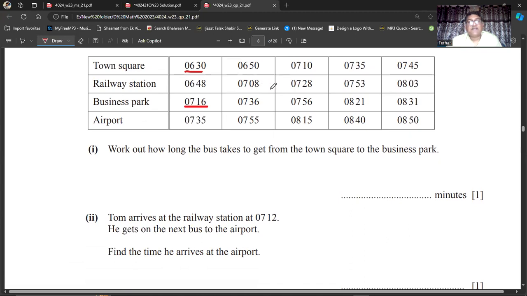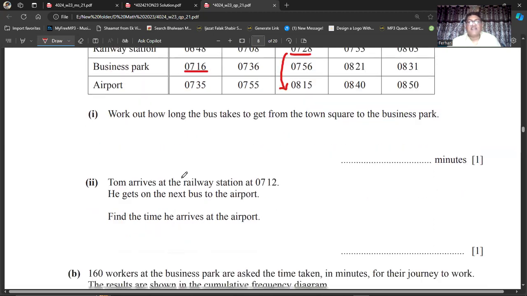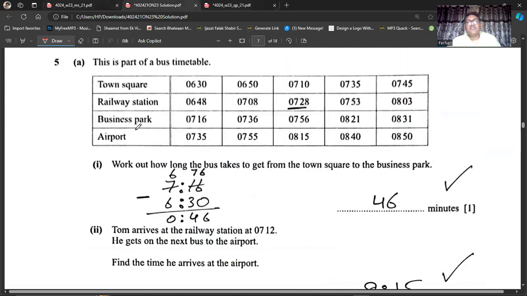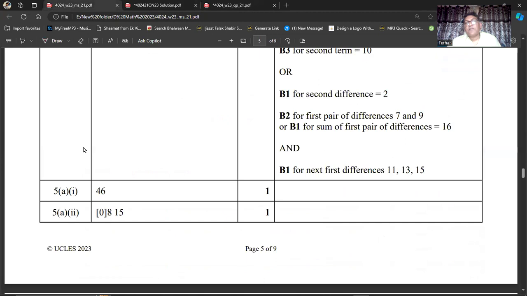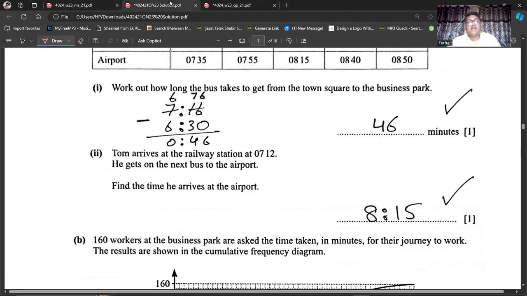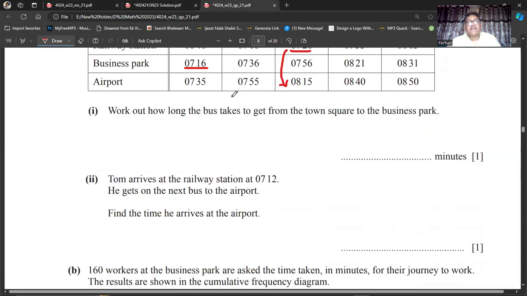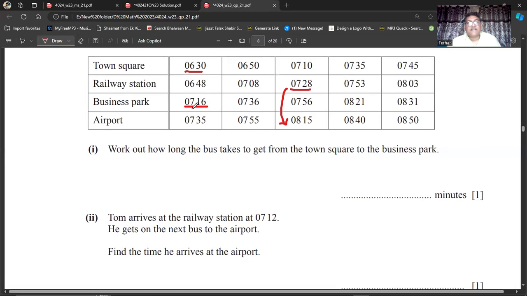So he is here somewhere, 7:12. He's going to take this bus and reach the airport, and he will be at the airport at 8:15. It's simple. Our answer is right. This is how we have done this, and hopefully you understand.